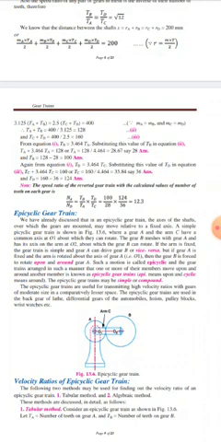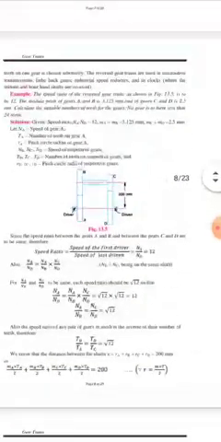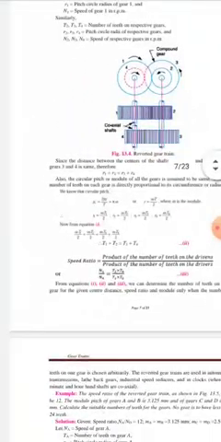In these gear trains, one shaft of a gear and the other shaft of the gear are always fixed. There is no motion between these two shafts. This is the important point that you should note.